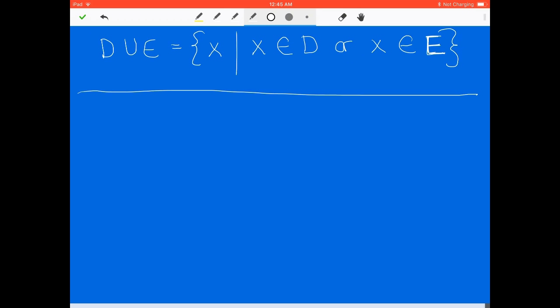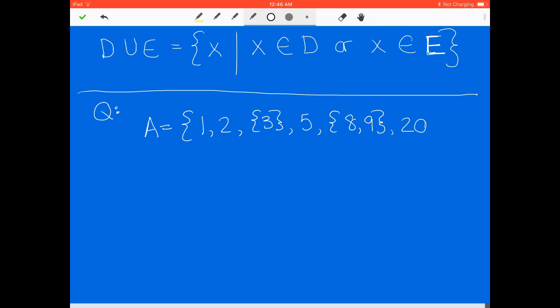First question being, I have a set, my set A, which consists of these elements. How many elements are in this set?